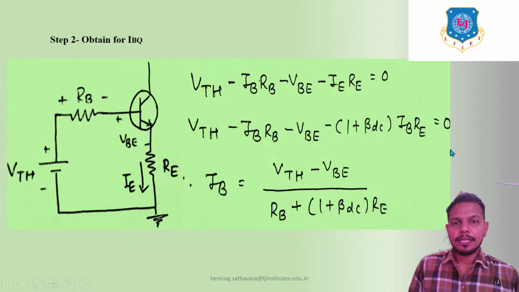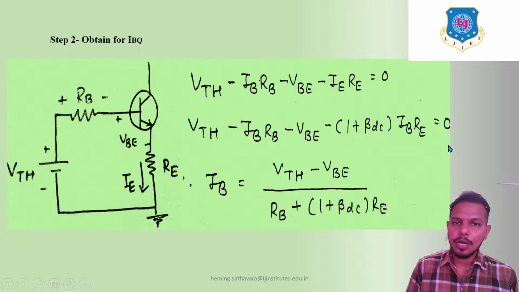So in place of IE we write (1 plus beta DC) IB into RE is equal to 0. Now we have to find expression of IB. So take IB as a subject. Your final equation will be IB is equal to (VTH minus VBE) upon (RB plus, in bracket, (1 plus beta DC) into RE).